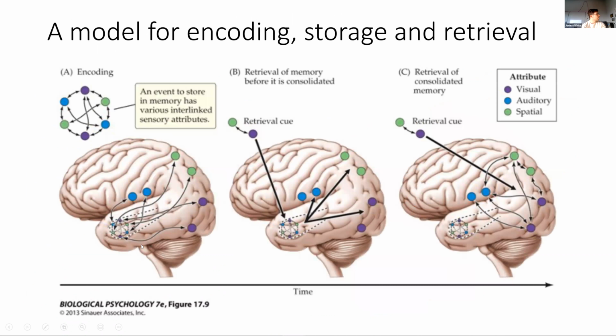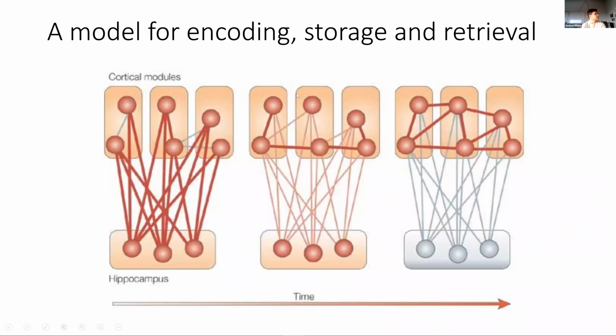And they are capable of forming these recurrent networks within the hippocampus, but then also send signals outside of the hippocampus to the cortices in order for the memory to now be held somewhere else. And so you create these recurrent networks outside the hippocampus that was fed into by the hippocampus.